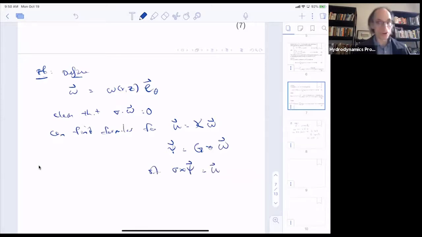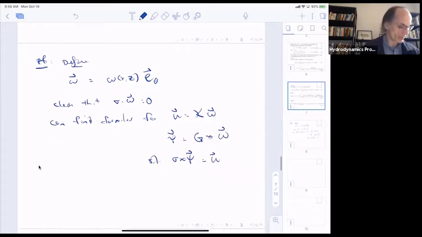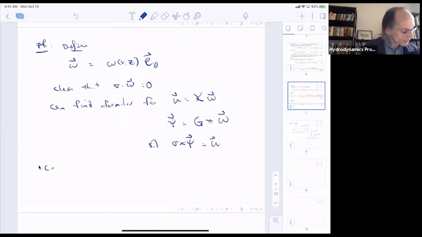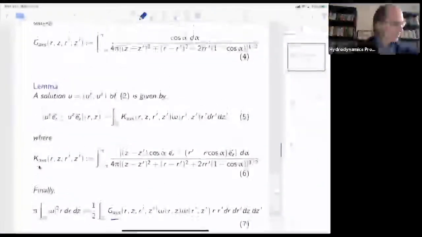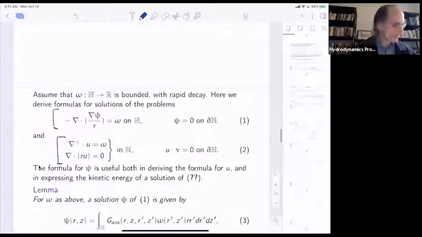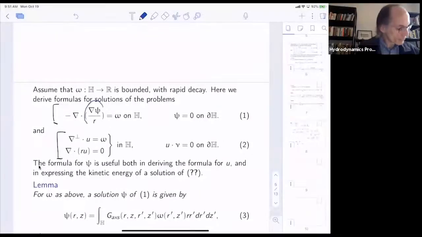Okay, we know what those are, and then we check that psi will have the form of some function psi of R, Z. I wanted to write it in this way.